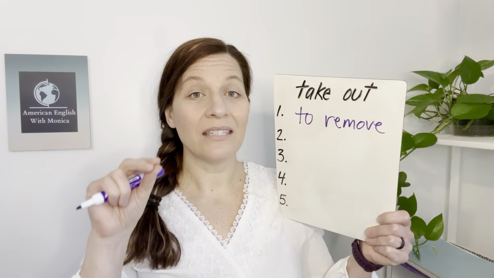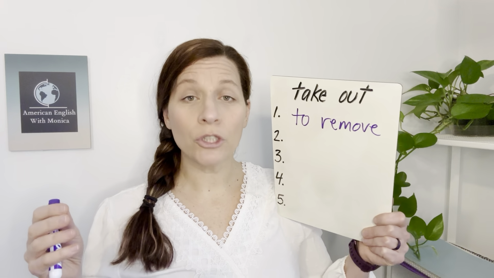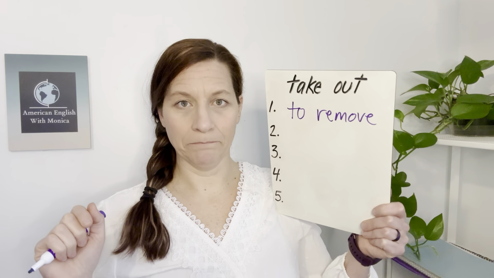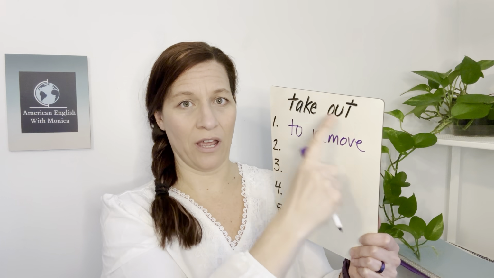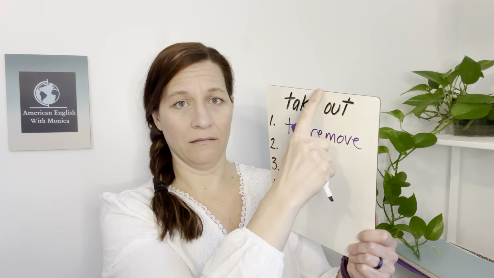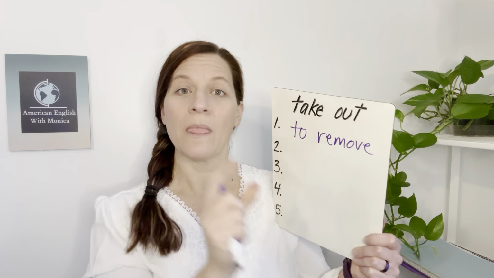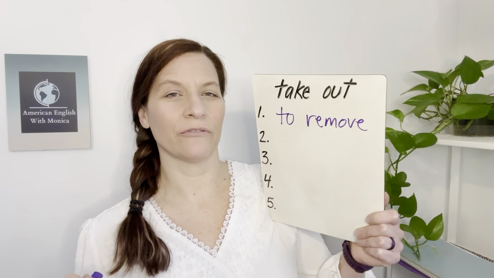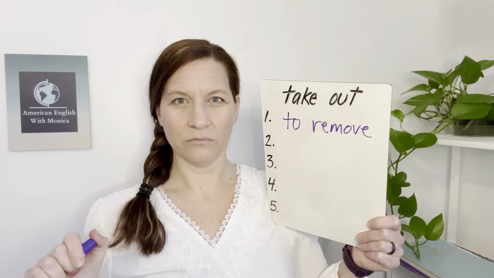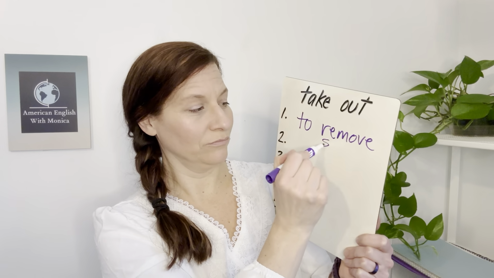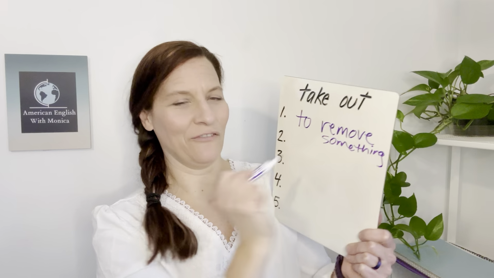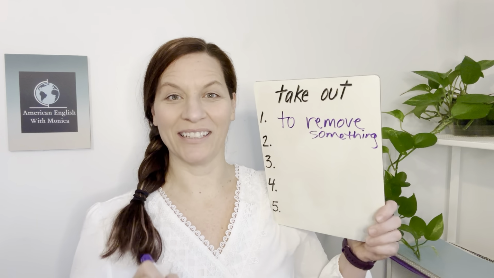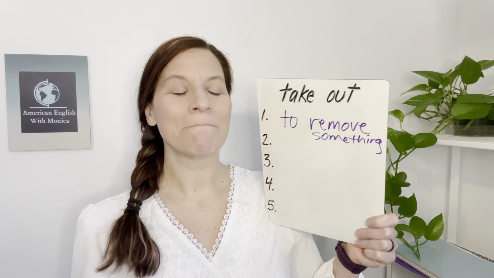Take the seeds out of the fruit before you eat it. So you can separate it. Take the trash out. Take those sentences out. So you can separate this phrasal verb to remove something. We will specify whether it's something or someone because they're different meanings.